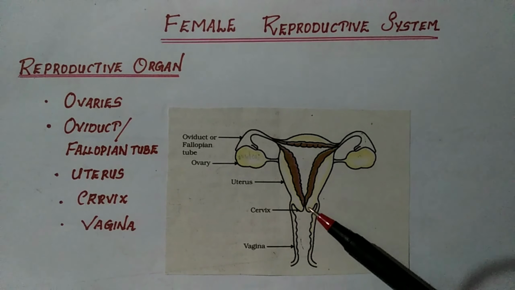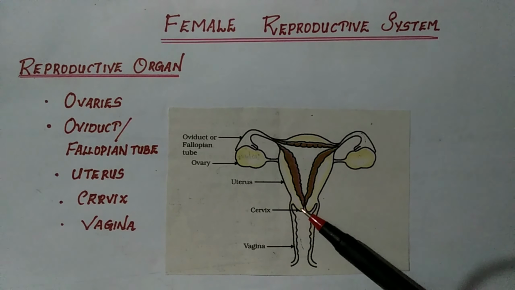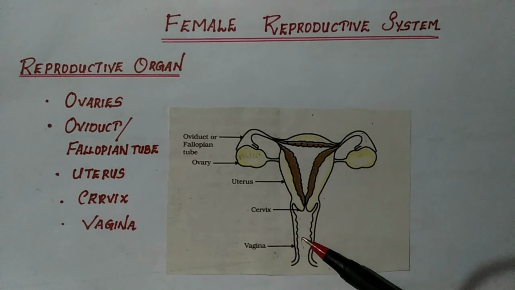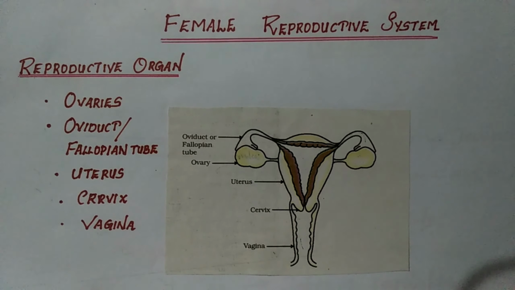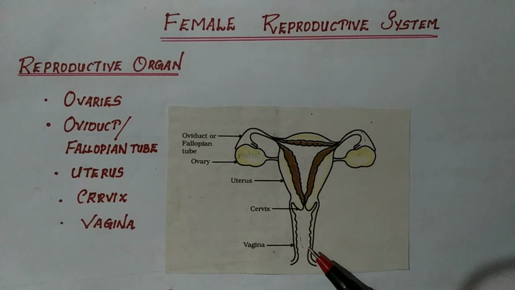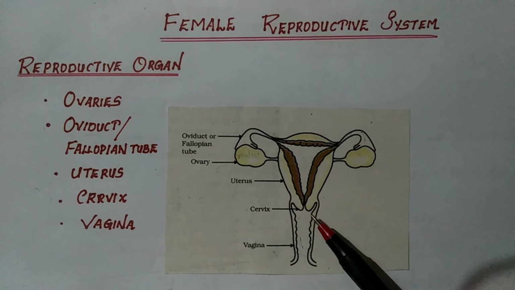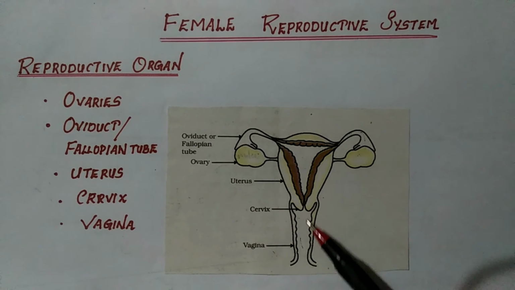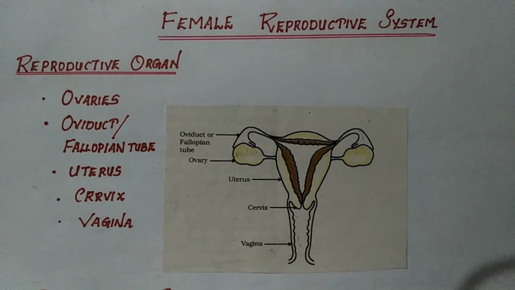The opening of the uterus is continued through the cervix and through the vagina. The vagina is a tubular structure, also known as the birth canal. It is the region where it receives the sperms from the male and also serves as a passage through which the fully developed fetus is born. That is why it is also known as the birth canal.